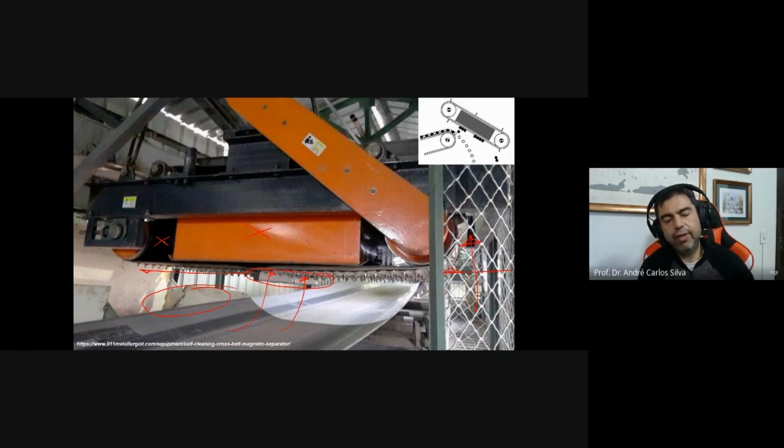Okay, and if I let this material go further on my mineral processing plant, then I'm going to have a lot of problems with grinding, milling, or even on my hydrocyclones, I can end up having a foreign body inside of it. So yeah, remove this material as fast as you can and as efficiently as you can. But then again, we don't have permanent magnets yet that I can use to assemble this machine. I have to use electricity in order to produce the magnetic field, and that's why the cost goes up.